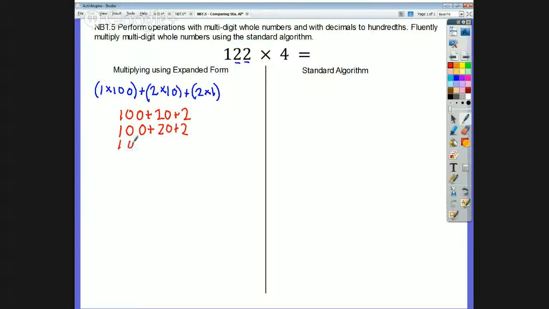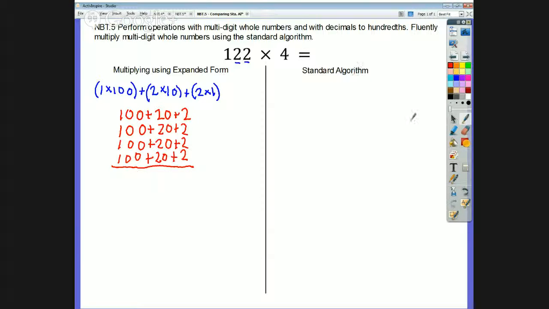There's 2, 100 plus 20 plus 2, that's 3 times, 100 plus 20 plus 2, and that's 4 times. So this is really what I have: 100 plus 20 plus 2, 4 times.